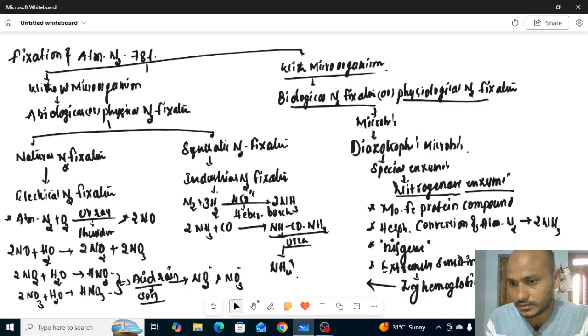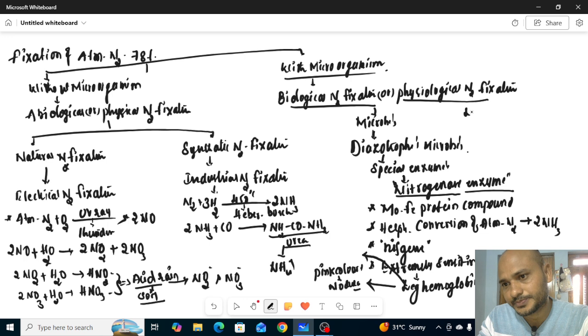And here leghemoglobin is a protein which is formed by two organisms. It means that leghemoglobin is formed by plant and microbes. Here the microbe is bacteria. The most important bacteria is rhizobium. The most important plant is Fabaceae or leguminous plant.